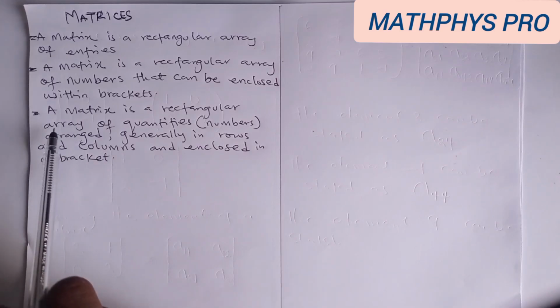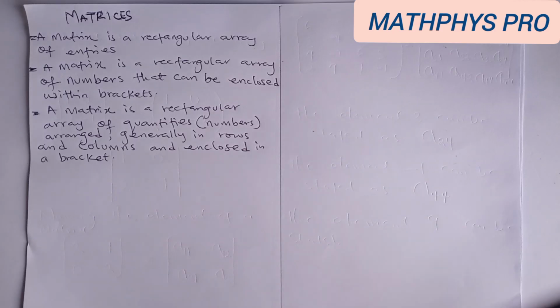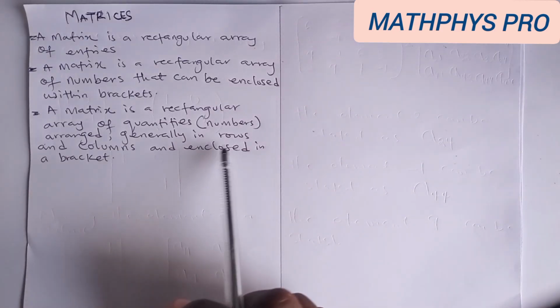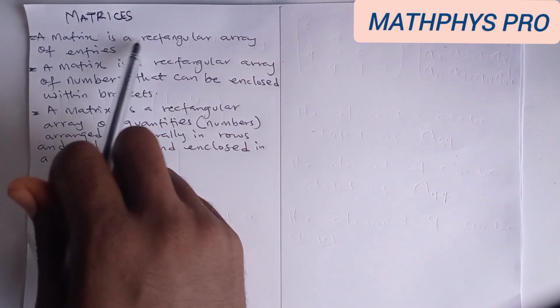The third definition says that a matrix is a rectangular array of quantities. Those quantities can be numbers, arranged generally in rows and columns and enclosed within brackets. So the key word there is rectangular.